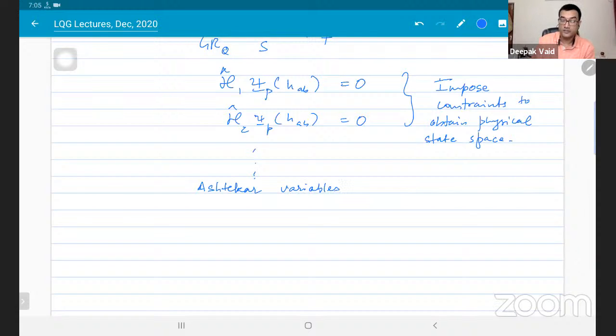So Ashtekar variables, what is the great thing about Ashtekar variables is that they give you polynomial constraints. And these polynomial constraints, they turn out to be exactly solvable.